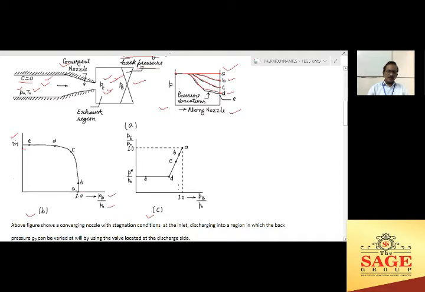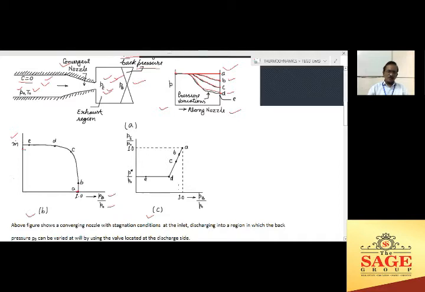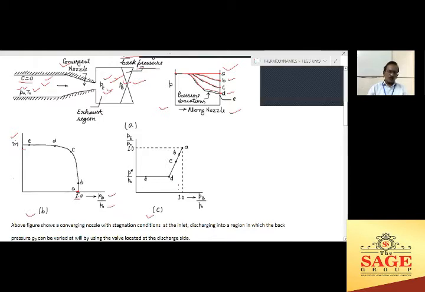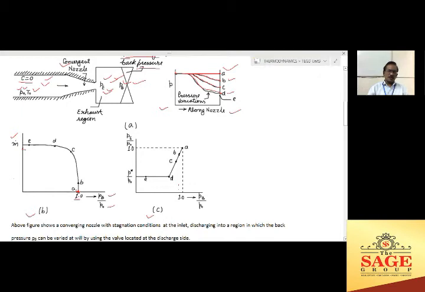Suppose at this point the value is 1.0, it means the ratio PB by PO is 1.0. It indicates that the back pressure and the stagnation pressure are both the same. When P naught and back pressure PB are the same, definitely there is no flow of the fluid. So the mass flow rate will be zero at this point A.